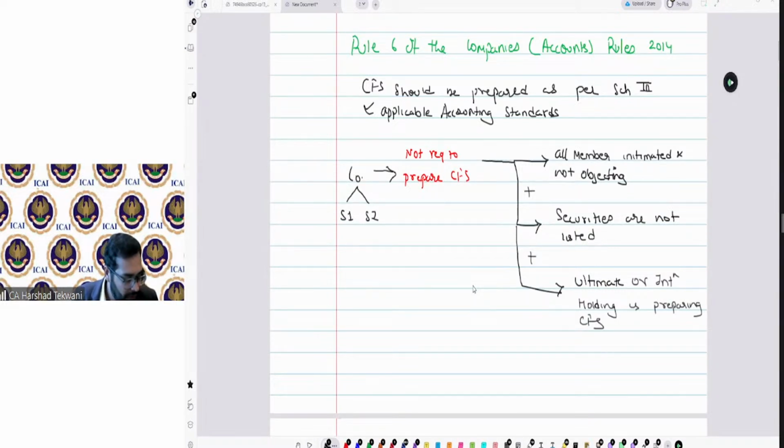I'm talking about CFS, not SFS. Are you getting my point? So the company, in any case, has to prepare a separate financial statement, Mancha.